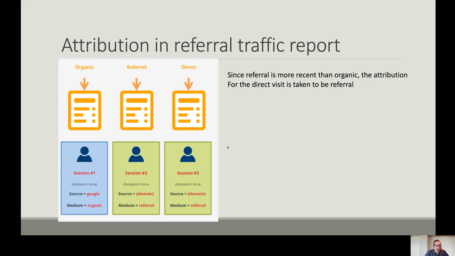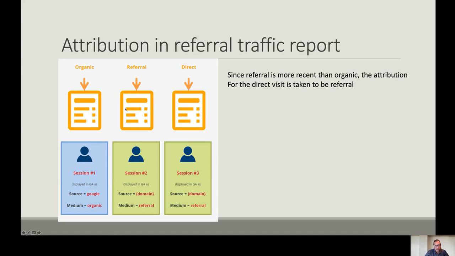Now, let's take a slightly different example. The first time the user comes in, the user still comes in through the organic click. And the second time, the user does not come in through an organic click, but rather the user was perhaps browsing some other website and found a link for our focal website on that other website and clicked on that link and came to our website.